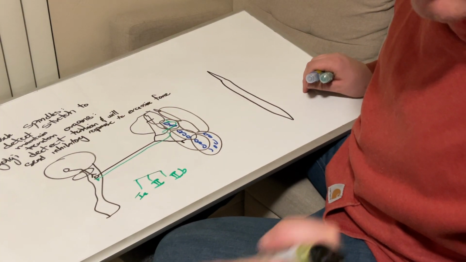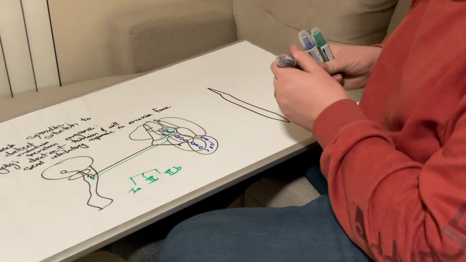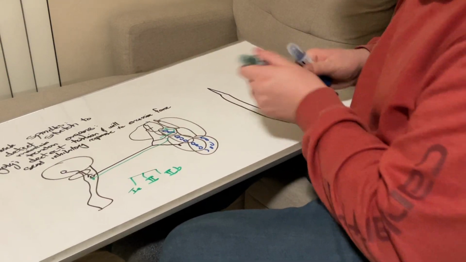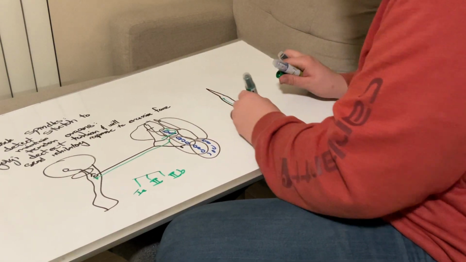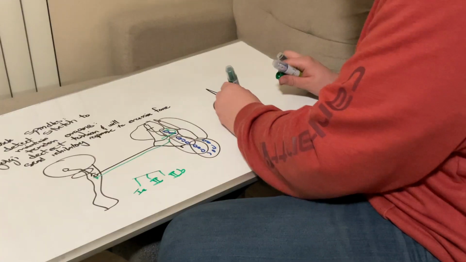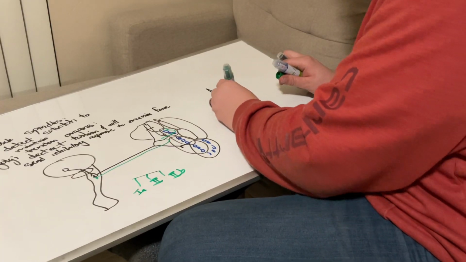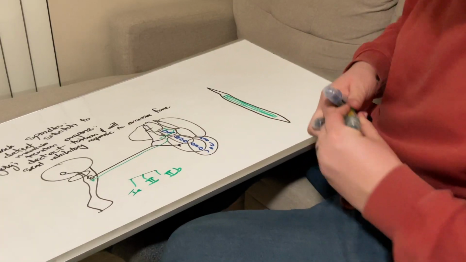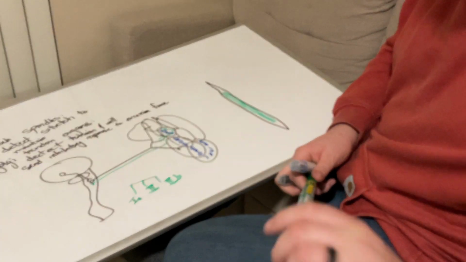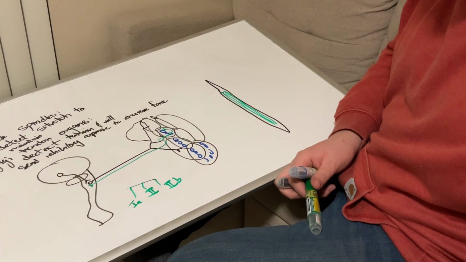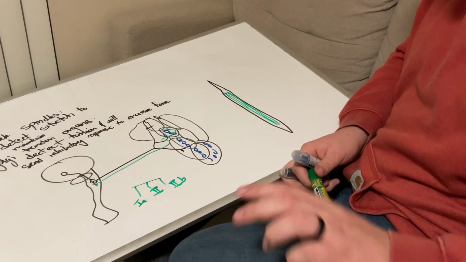And we'll have the spindle apparatus, inside of which we'll have one that's kind of short, and one that's a little bit longer. Within these intrafusal fibers, we have chains and bags within the spindle apparatus.